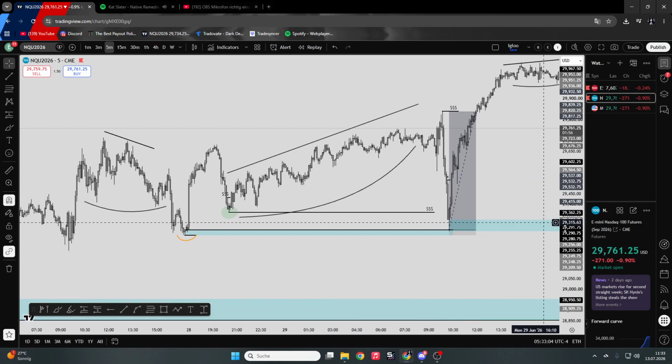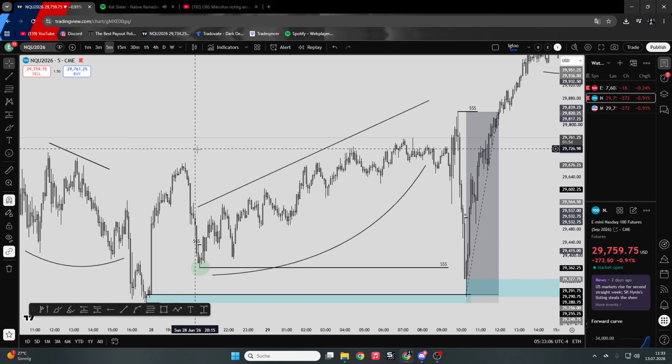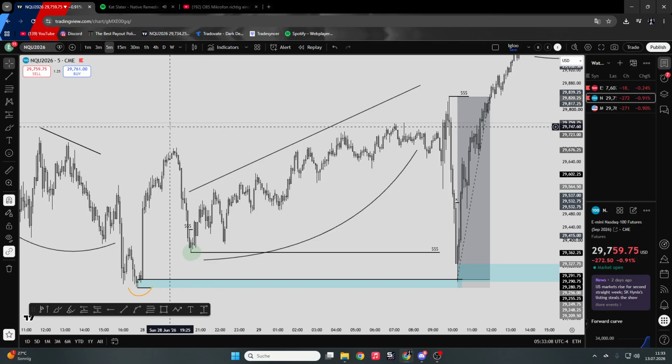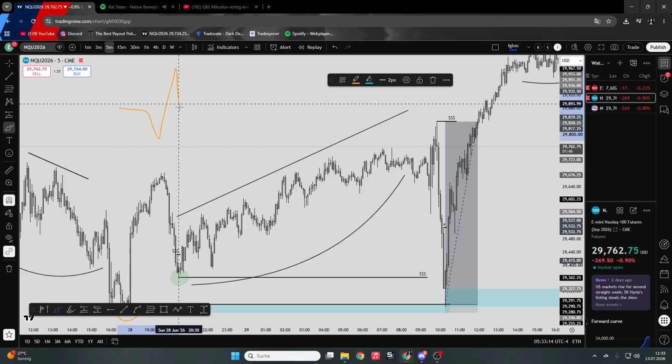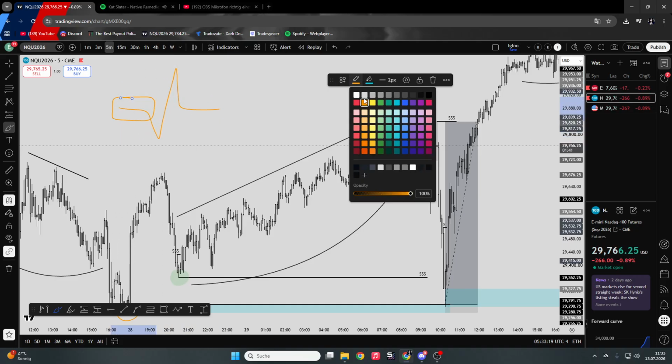And you can see that we are pretty much accumulating. So our first part of our move is the one we're currently in.